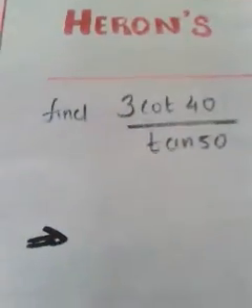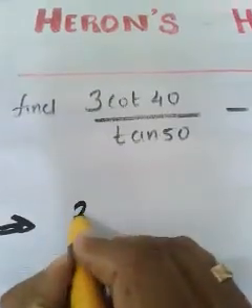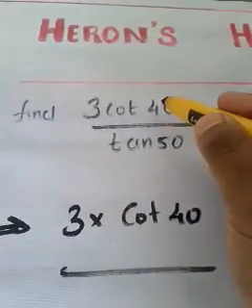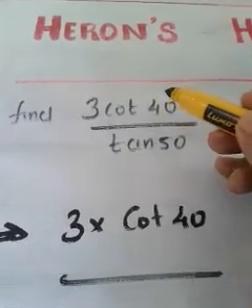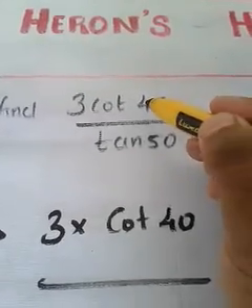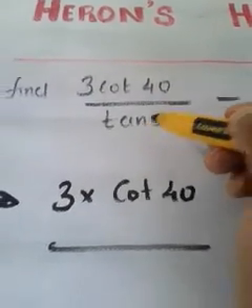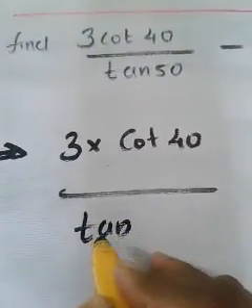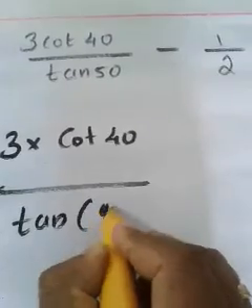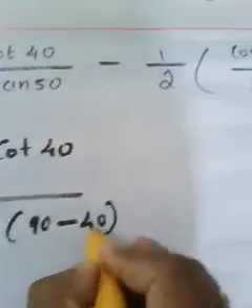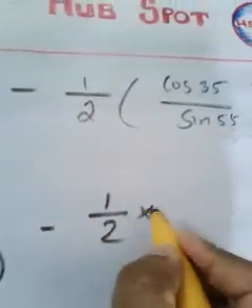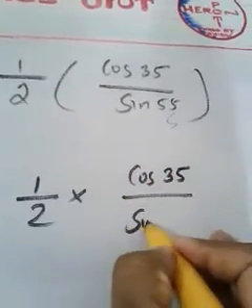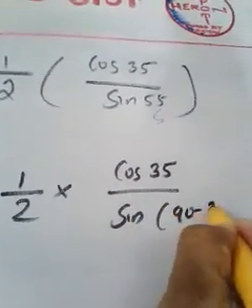So let us use the complementary angles property. How can we use it? 3 into cot 40, let me write cot 40 as it is. One time let it stand the same, and the next time you can make some changes. Tan 50, instead of tan 50, what can you write? You are not supposed to make changes in the ratio. Tan as it is, instead of 50 we can write 90 minus 40. Minus 1 by 2 into cos 35, let it be like that, and instead of sin 55, sin 90 minus 35.